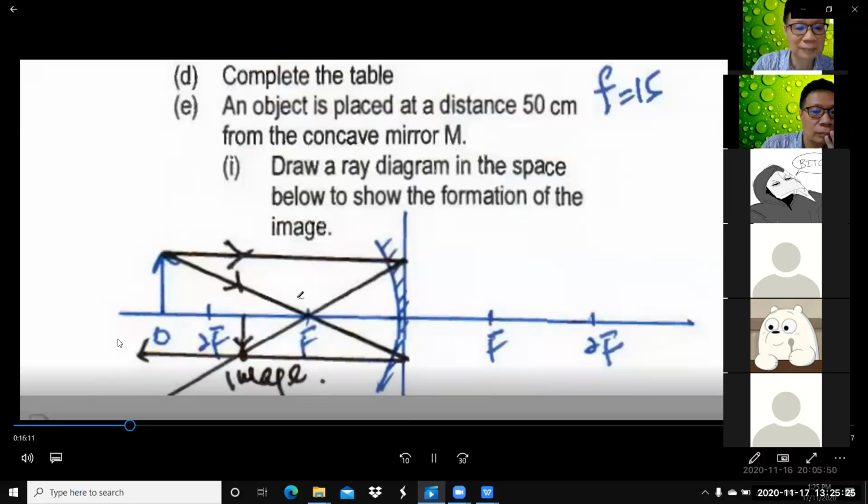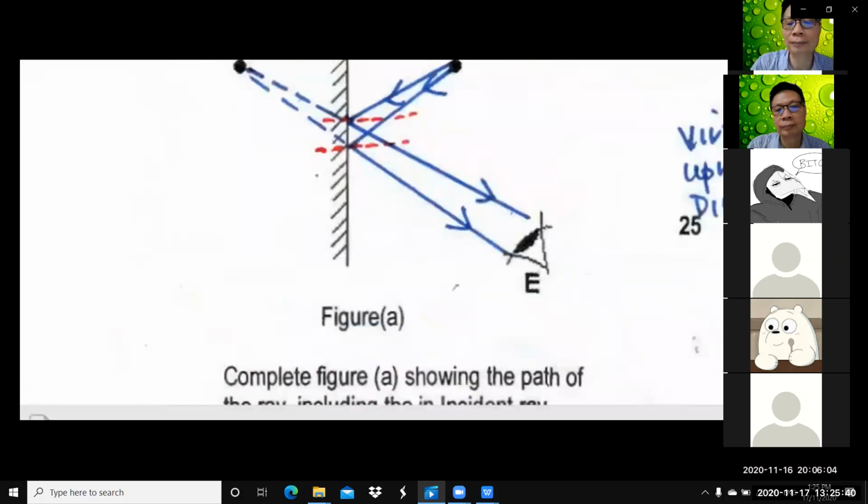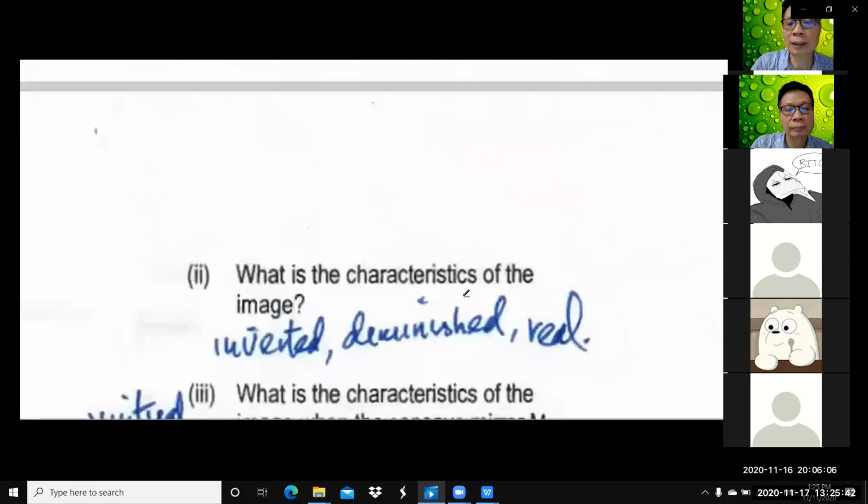Real, inverted, and one more? Diminished. Yes, correct. So the answer is real, inverted, diminished.